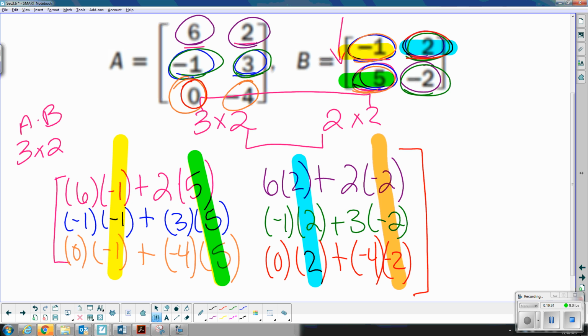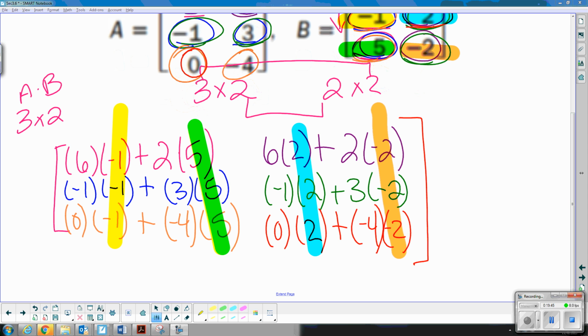And this comes from our second column, second row of our second matrix.